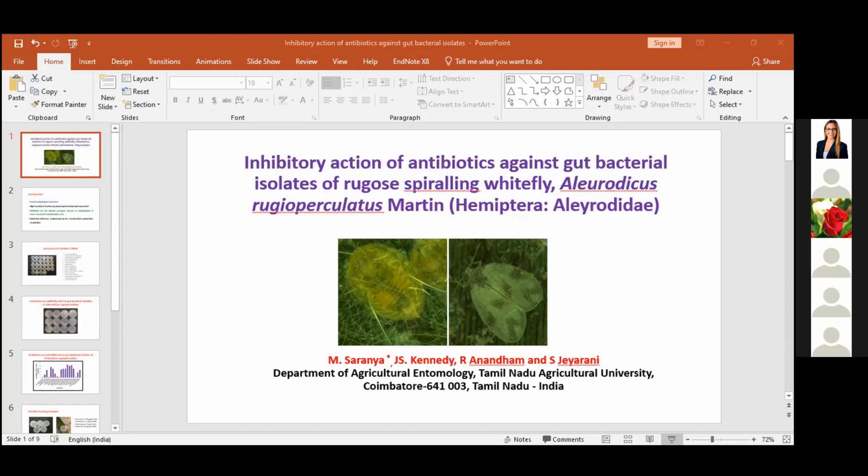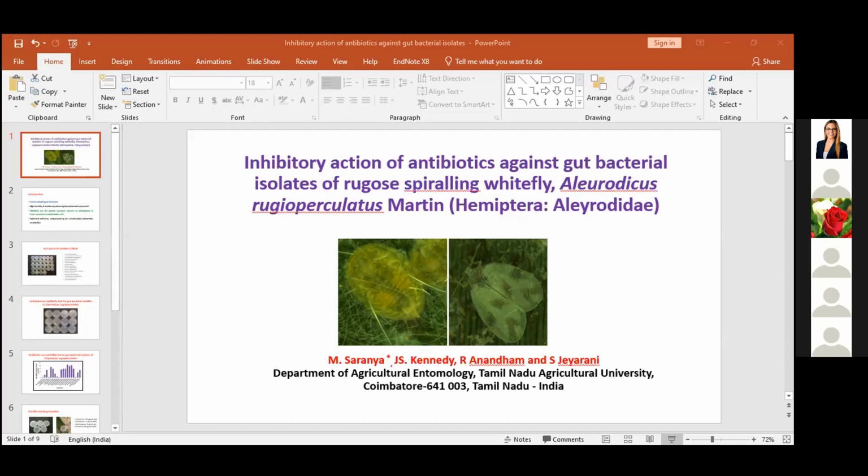In that, among the different combinations, CB means carbenicillin, CIP ciprofloxacin, erythromycin, CTX cefotaxime. In these combinations of antibiotics, the treatment carbenicillin plus ciprofloxacin significantly reduced the egg oviposition capacity of the Rugose spiraling whitefly.